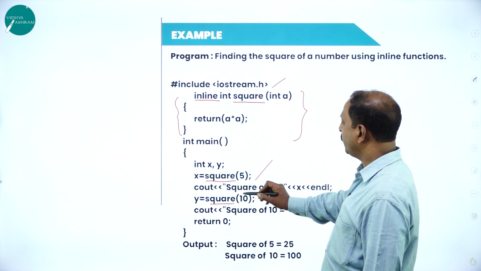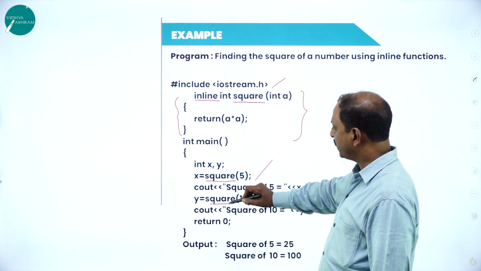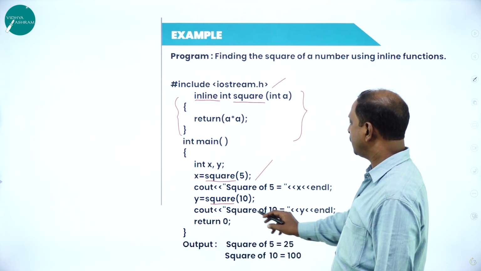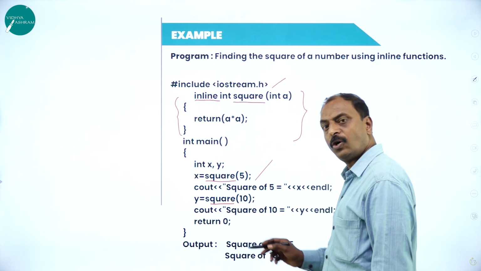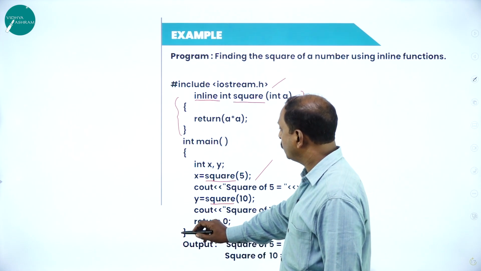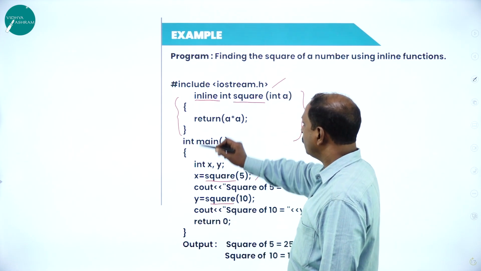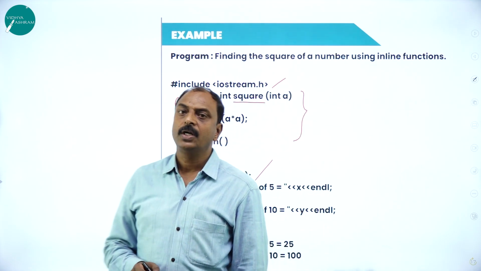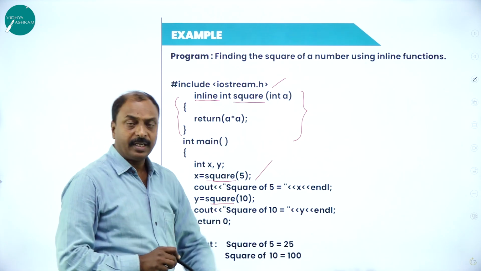This is 10. We are calling the same function again with a different value. It returns the answer, 10 squared or square of a given number. So we are closing the main here. This is a very short program, a small example program to show the working of an inline function.